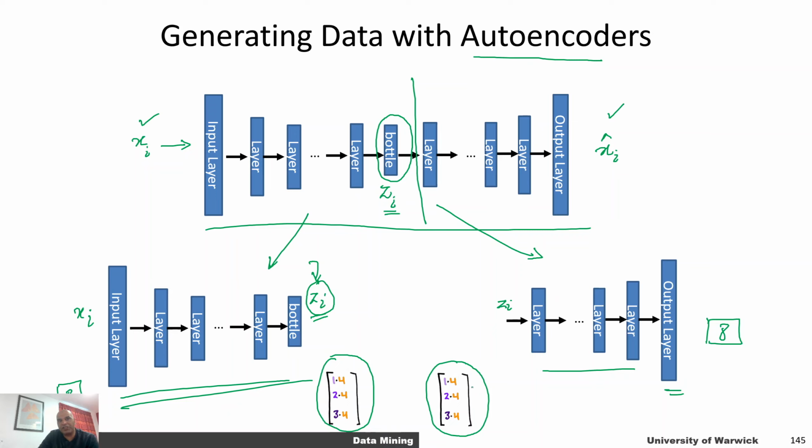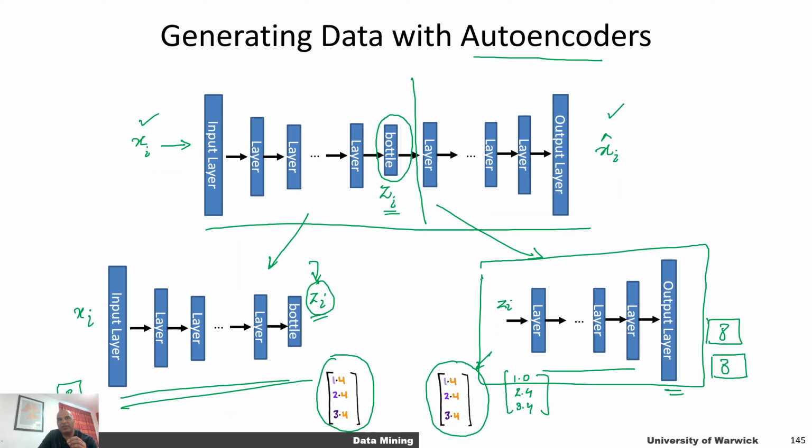But what if I change this zi? Let's say instead of passing the exact same thing, what happens when I pass it 2.4 and 3.4 over here? You would end up with a slightly different image, right? Perhaps an 8 that looks like this, or a slightly different 8. So this part over here is a very simple generative machine learning model.